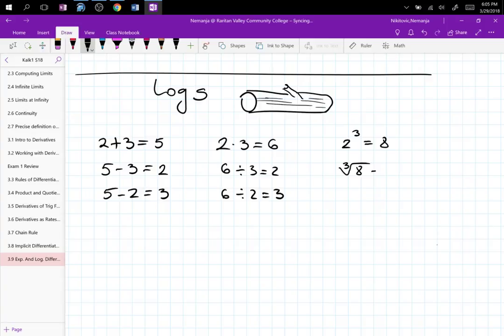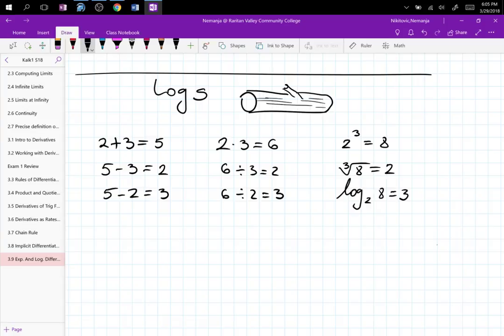If I go cube root of 8 is 2. How do I recover 3? Is it a square root? No, it's not a square root. Log. So log base 2 of 8 is 3.